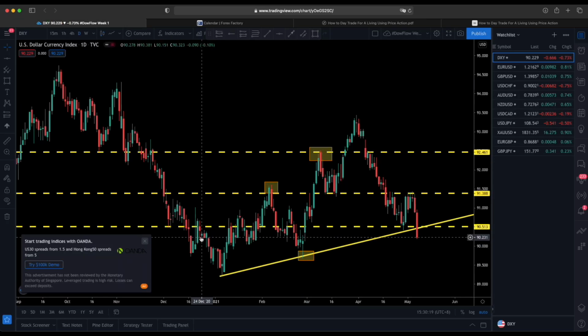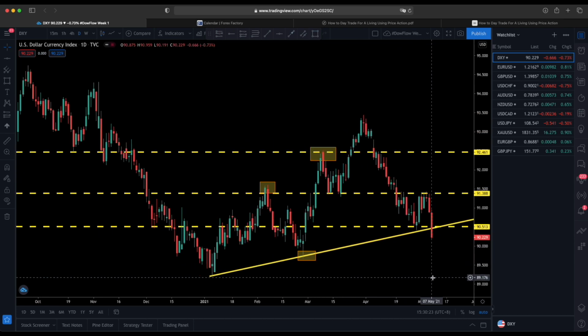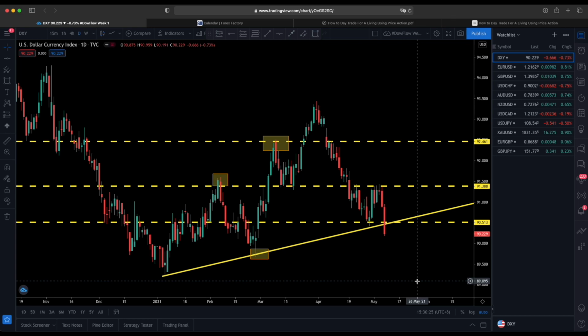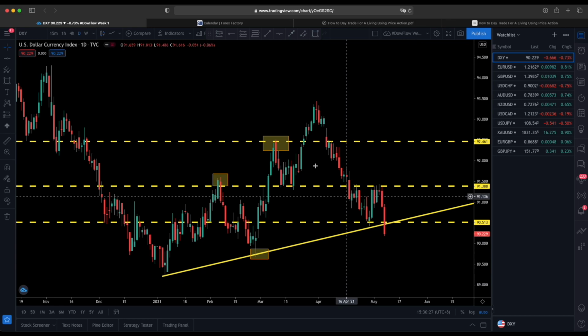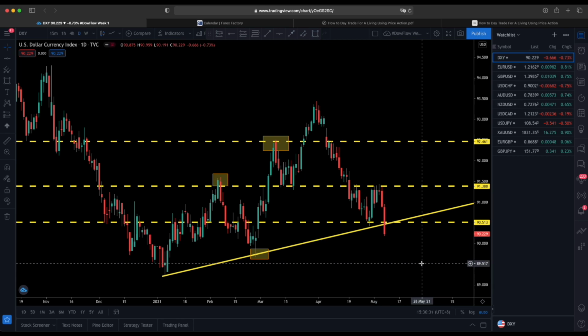I like to start off with DXY. If you are new, DXY stands for Dollar Currency Index. It basically shows you the strength of the dollar. If DXY is dropping, that means the US dollar is weak. Personally, we do not trade directly into DXY. Some of you do not even have DXY in your MT4 trading platform.